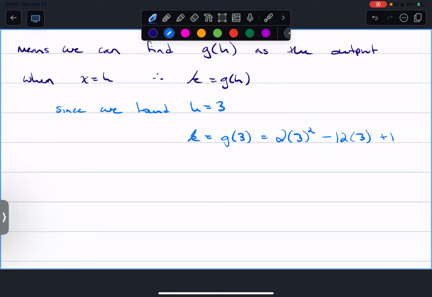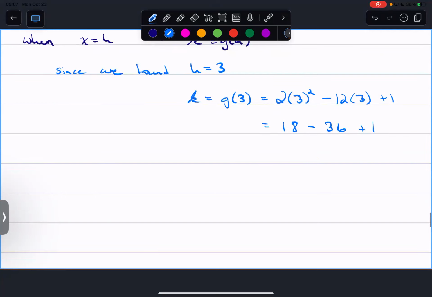3 squared times 2 is 18. Minus 12 times 3 is 36, plus 1. Whew! Feels good when you don't muck it up. -17.